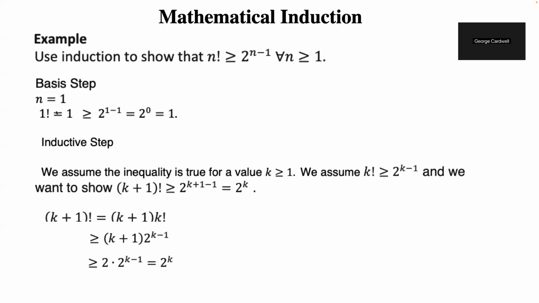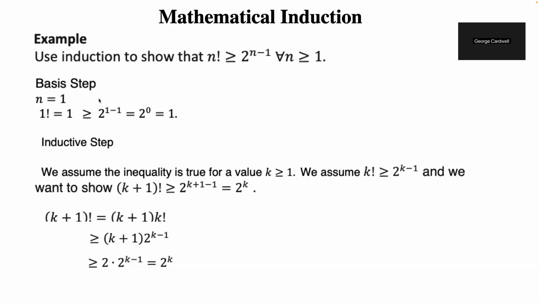Right? So now we know that when n is 1, 1 factorial is greater than or equal to 2 to the 1 minus 1, or 1. Okay, so we know it's true for n equal 1. This is saying if I know it's true for any given n or k value, it's true for the next one up.